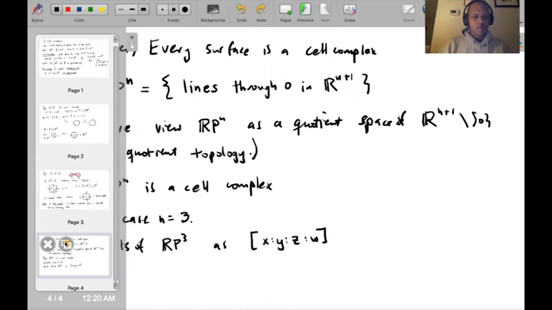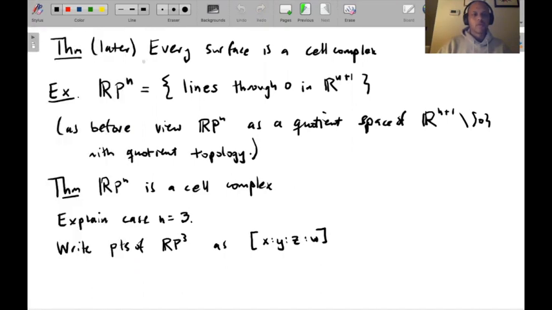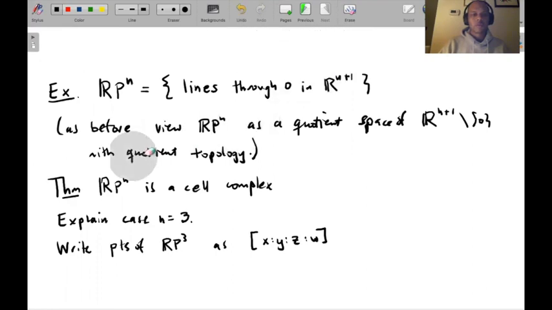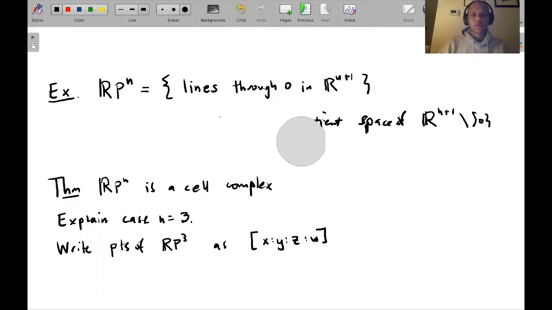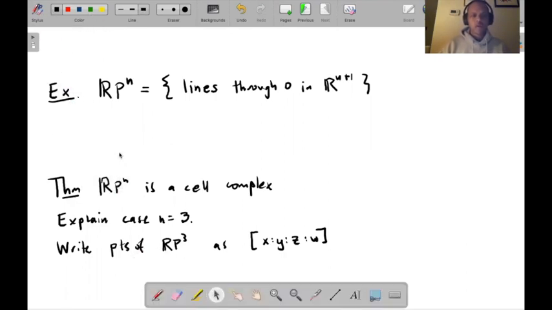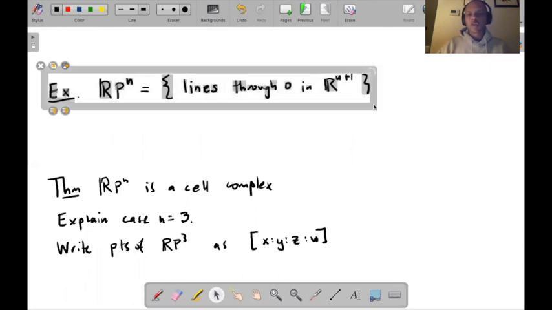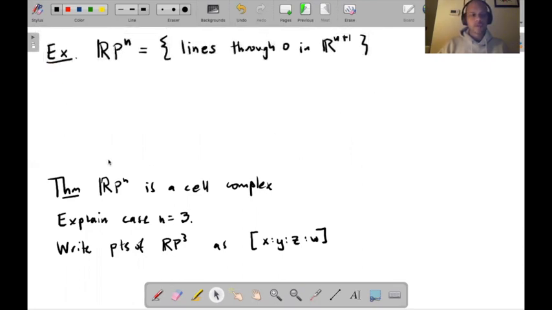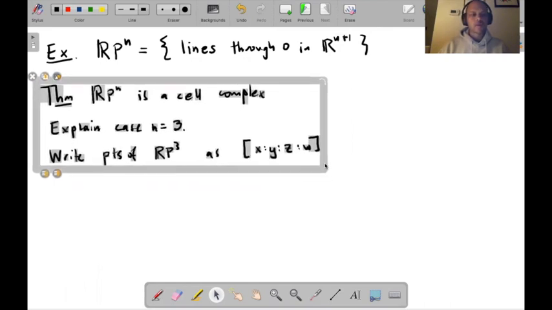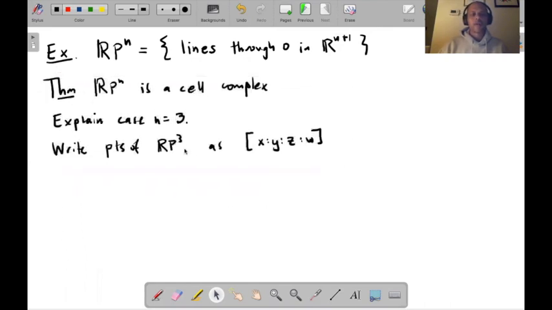Let me get a little more room here. So the starting observation for this cell structure is, well, we want to decompose RP3 into two pieces.